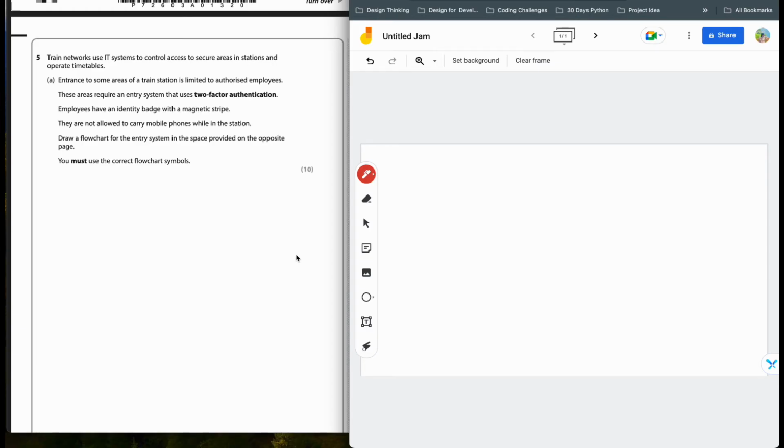Now we will move to question number 5, which is: train networks use IT systems to control access to secure areas in stations and operate timetables. Entrance to some areas of a train station is limited to authorized employees.